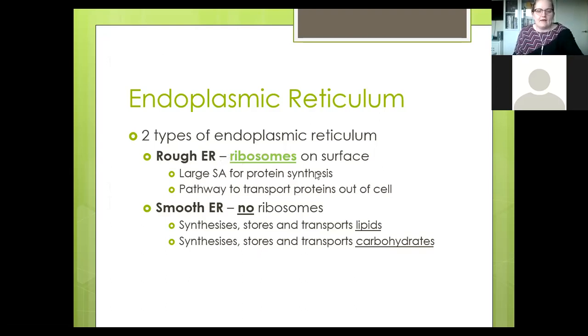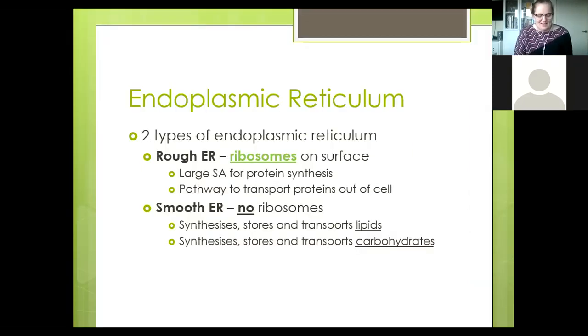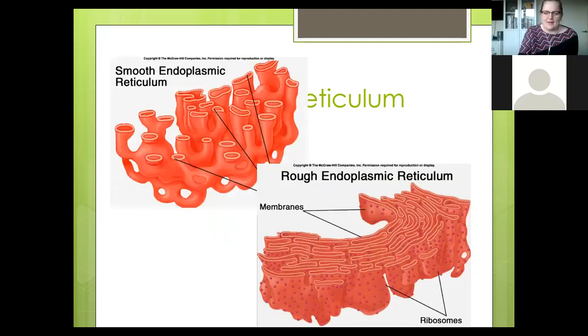Whereas our smooth ER carries out a different job. Because there are no ribosomes present, it is a site of synthesis, storing and transporting of lipids, and it's also the site of synthesis, storing and transporting of carbohydrates. And so there are the images of them again. They do look quite different, and they do both carry out very different jobs.